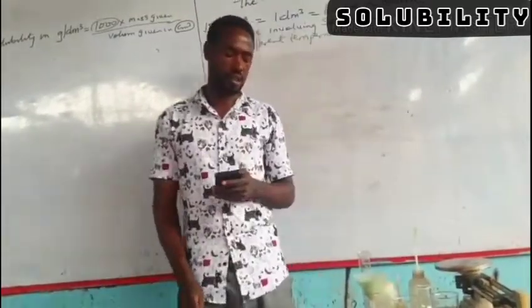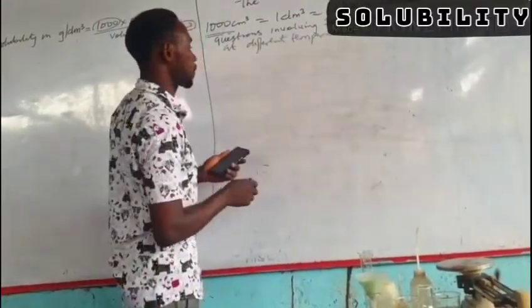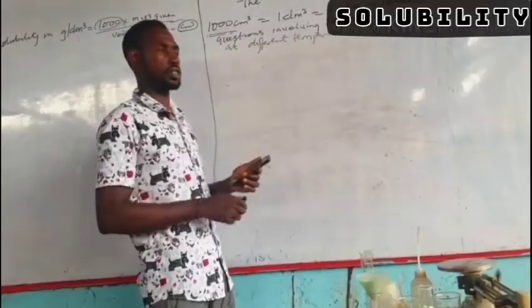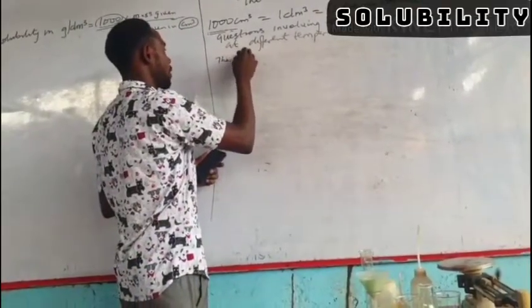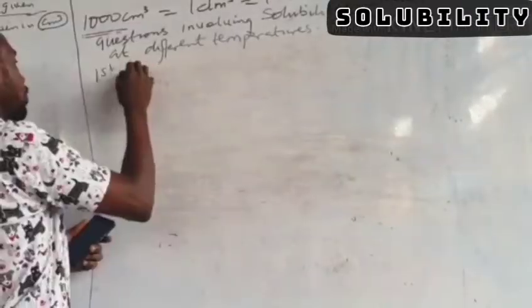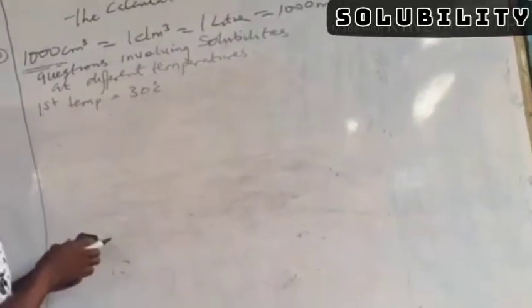This type of question is somehow lengthy, but it is easy. Your work is to take note of the mass of solutions at the different temperatures mentioned. So your first step is the temperatures mentioned. The first temperature mentioned is 30 degrees Celsius from the question.